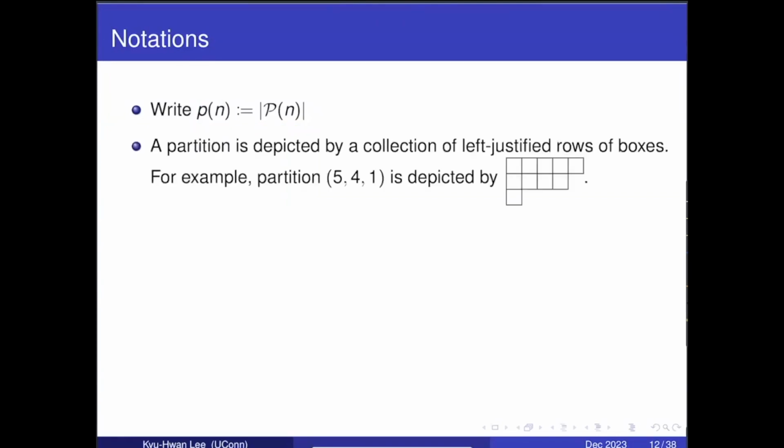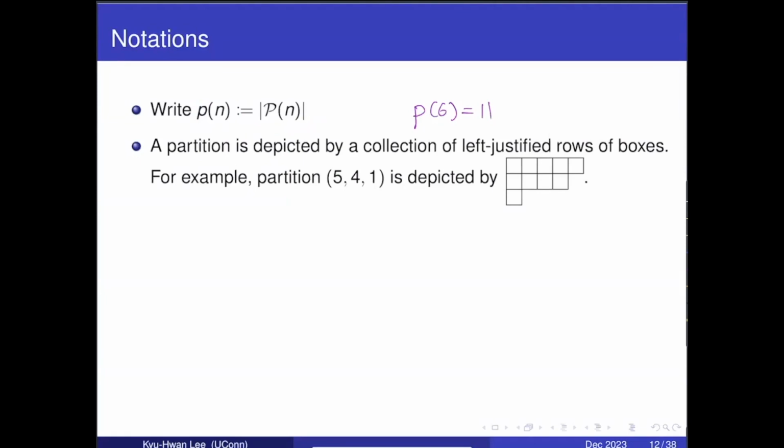For this, we introduce a few more notations. The number of partitions will be written as a small p of n. This is the standard notation. For example, p of 6 was 11: there were 11 partitions of the number 6.